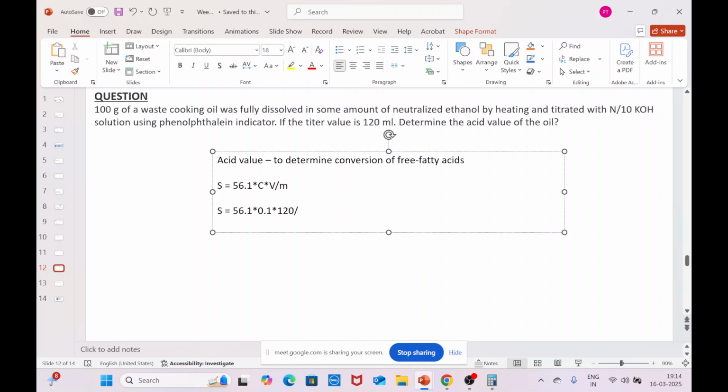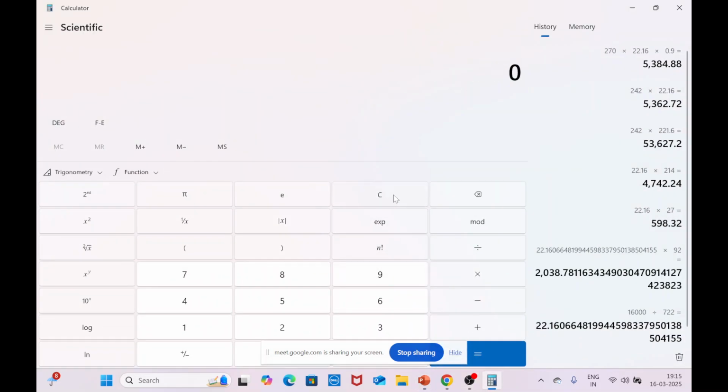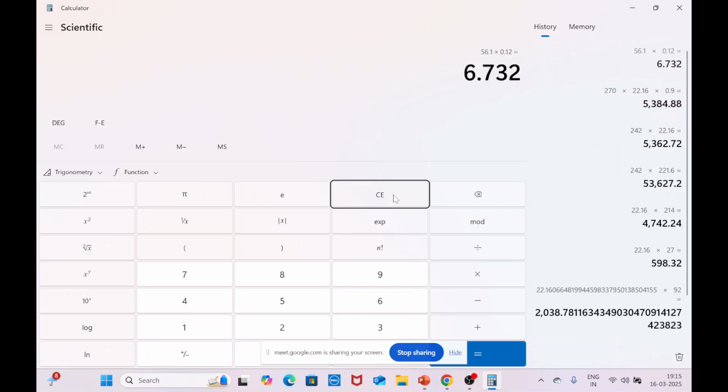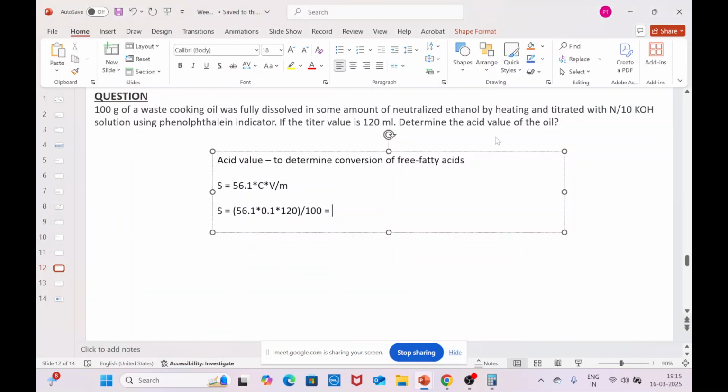The entire thing divided by 100 gram of waste oil. So what will be the answer? I guess it will be 6.732.